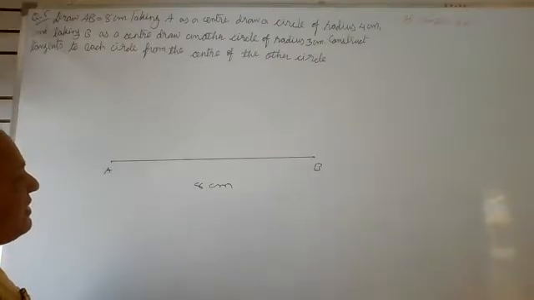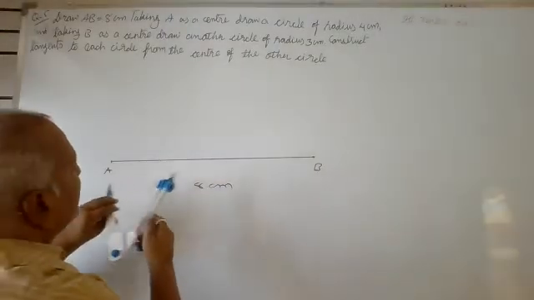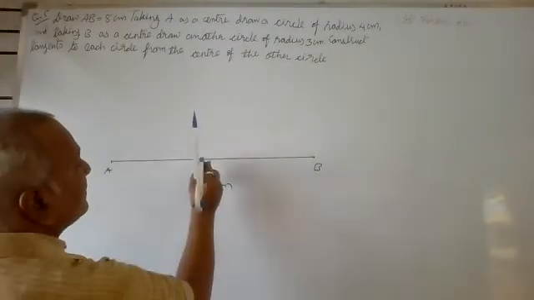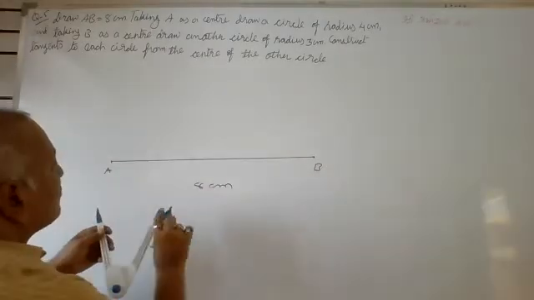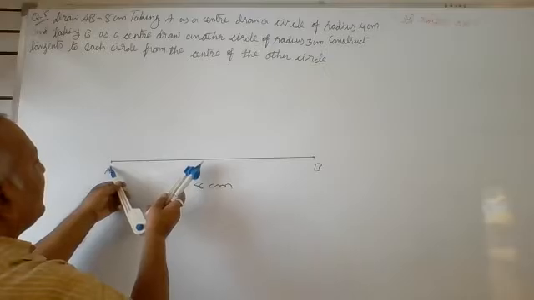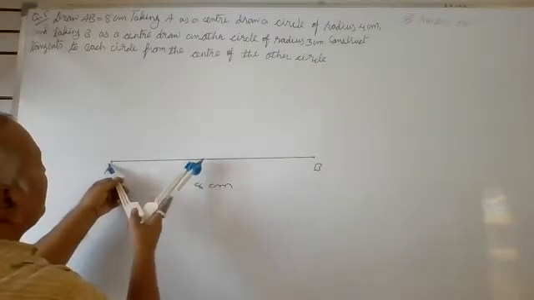So the first is a little bit bigger. From A, 4 centimeter radius, and from B, 3 centimeter radius.